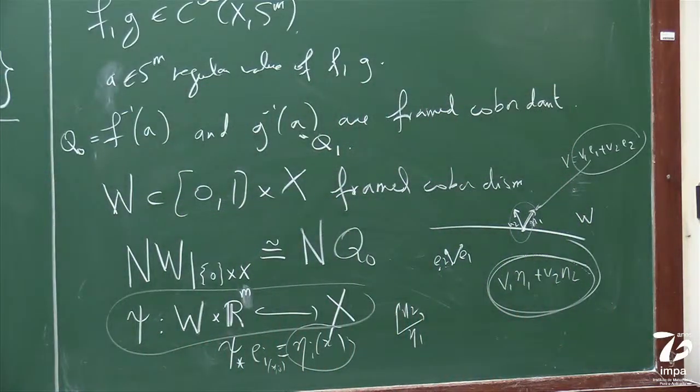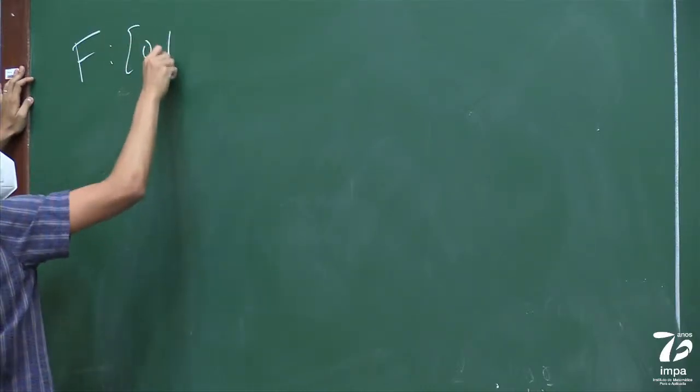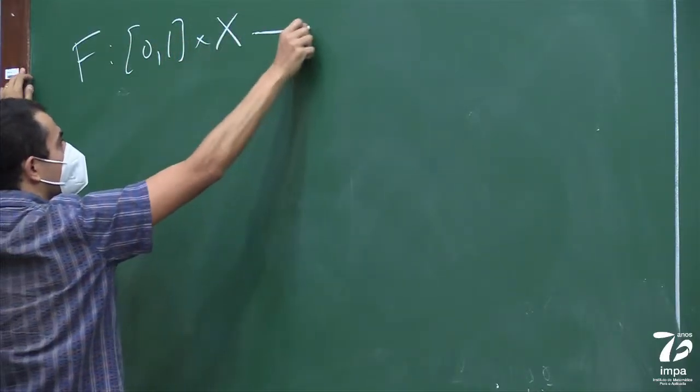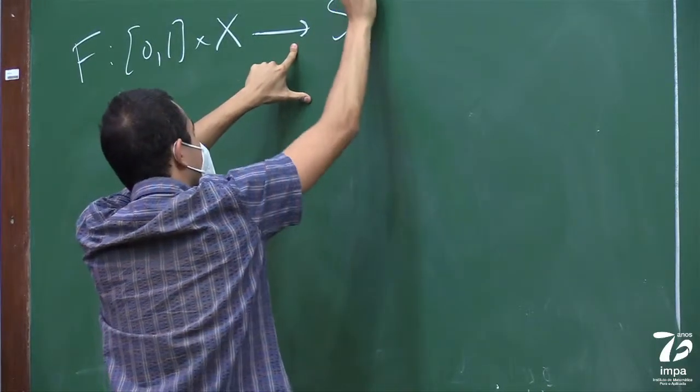So the map that we defined, which was that homotopy, if we're doing it for W, I wanted to define a map F that goes from this guy into Sm.